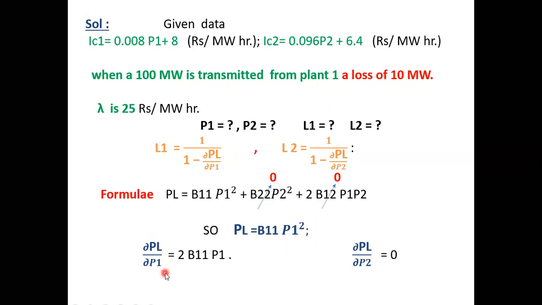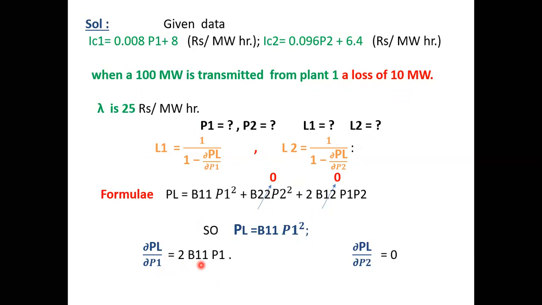Already I told you in the previous problem what the meaning of dou PL by dou P1 is. It is nothing but the incremental power loss with respect to the generating capacity. So here you can directly consider PL as 10 megawatt loss and P1 as 100 megawatt. When you know the B11 value in the given data, you can directly substitute it.